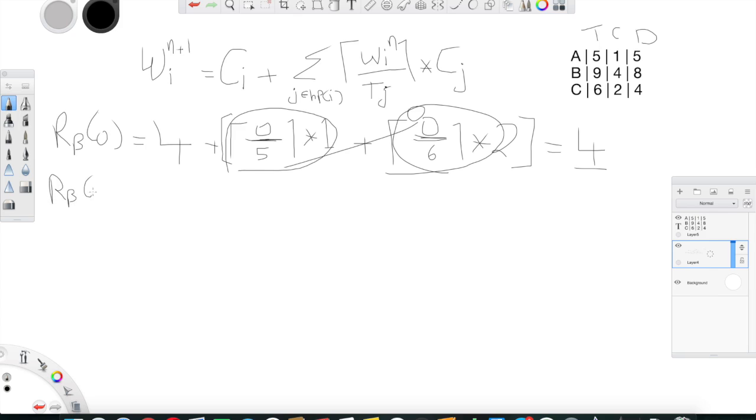R_B of 1, the next iteration, will be the computation time of B, which is 4, plus here the previous response time was what? Was 4.